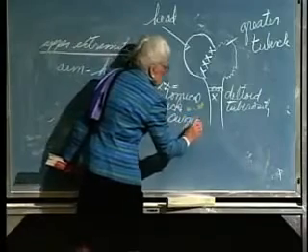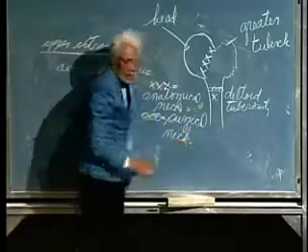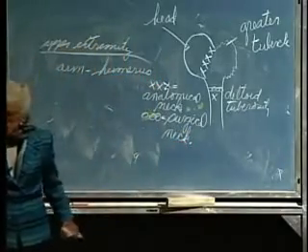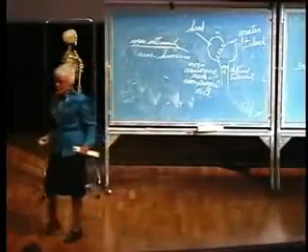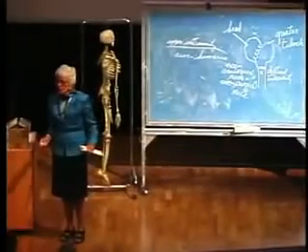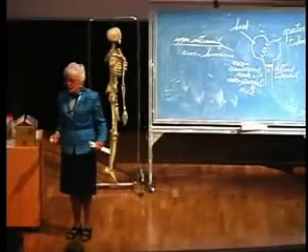What do you know about surgical neck? How many have broken their humerus? Nope, one. Do you know where you broke it? Distal or proximal? Proximal. That's more unusual, right?